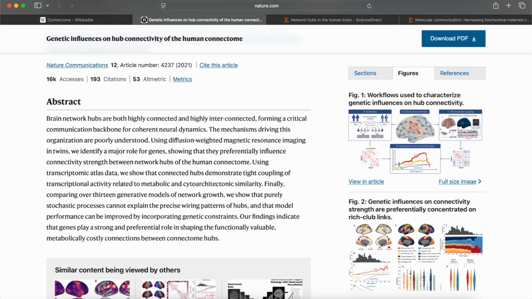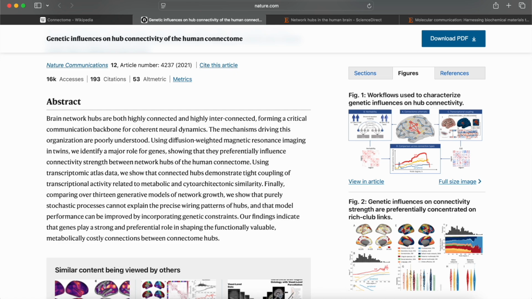Brain network hubs are both highly connected and highly interconnected, forming a critical communication backbone for coherent neural dynamics. The mechanisms driving this organization are poorly understood. Using diffusion-weighted magnetic resonance imaging in twins, we identified a major role for genes, showing that they preferentially influence connectivity strength between network hubs of the human connectome.